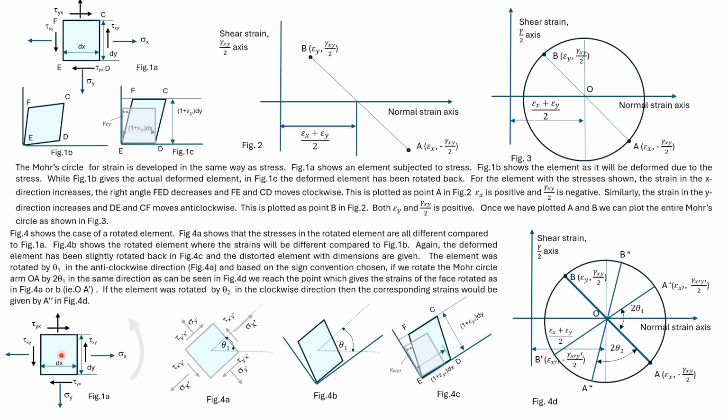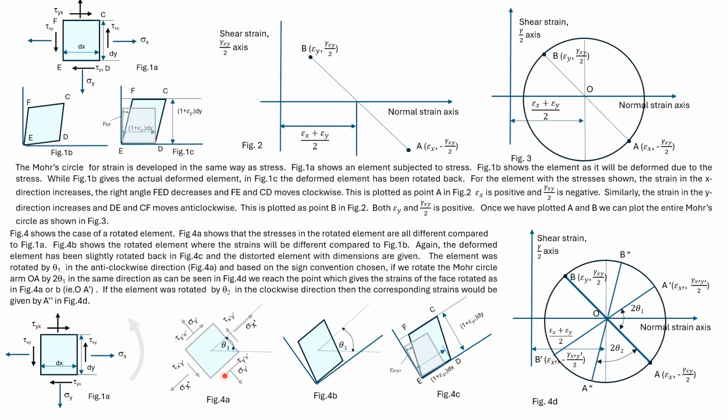The same element with the same stresses is shown here. Now, if the element is rotated, then all the stresses acting on the element will change. In general, consider that this element has been rotated by theta 1 degrees counterclockwise.